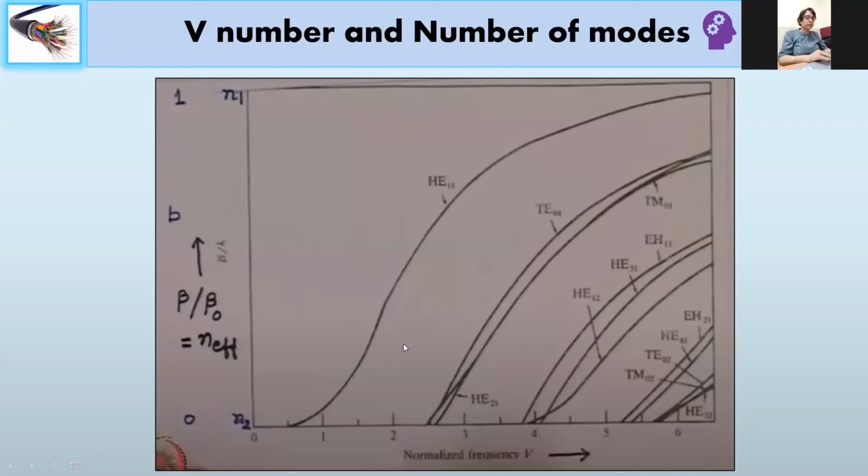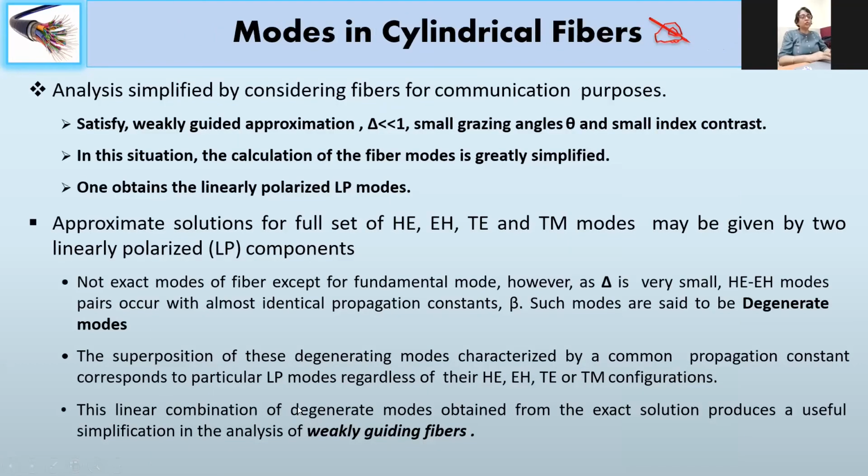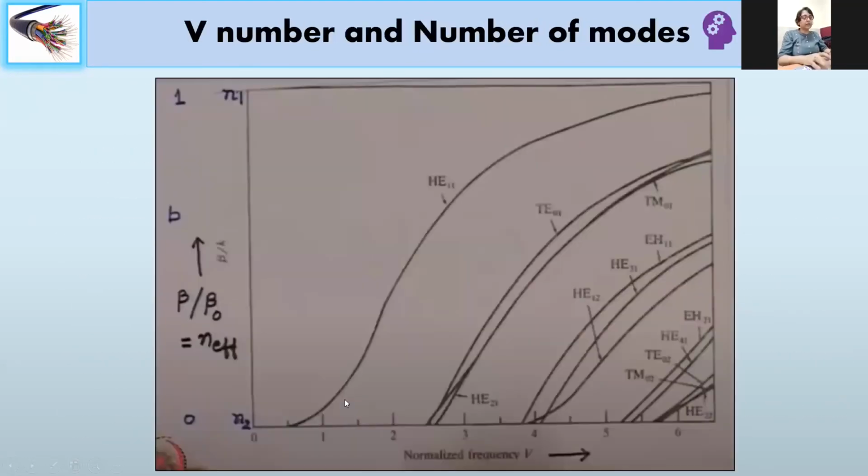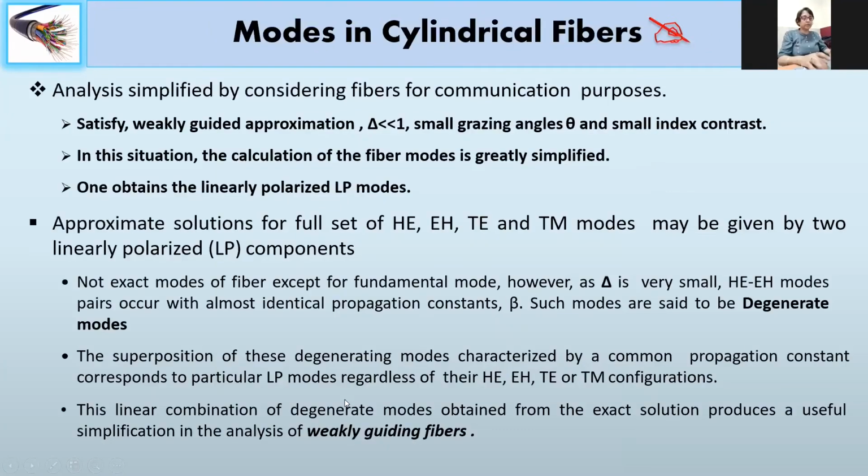Okay, so this is what I had shown you, that till 2.405 a single mode exists, and beyond that multiple modes, and that is why the condition for single mode transmission is for all the values of V less than or equal to 2.405, you have a single mode only existing.